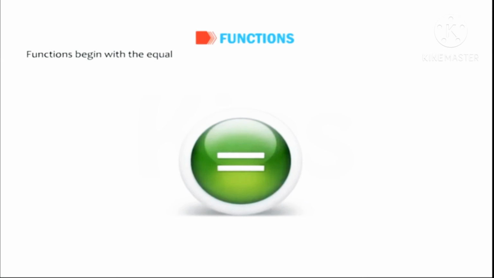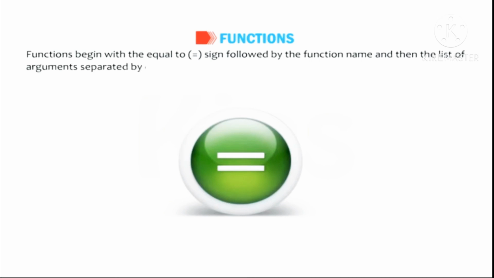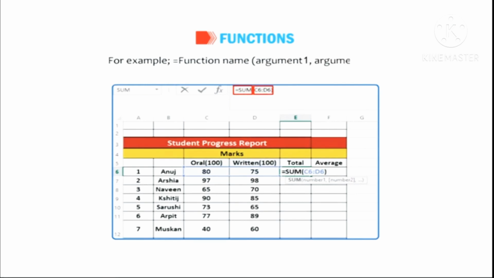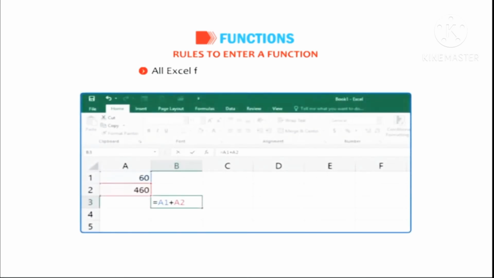Functions begin with the equal to sign, followed by the function name, and then the list of arguments separated by commas within the parentheses. For example, =function name(argument 1, argument 2). All Excel functions must begin with the equal sign.